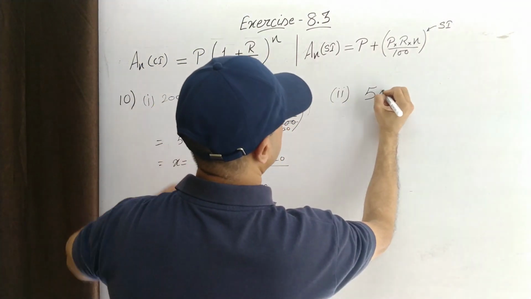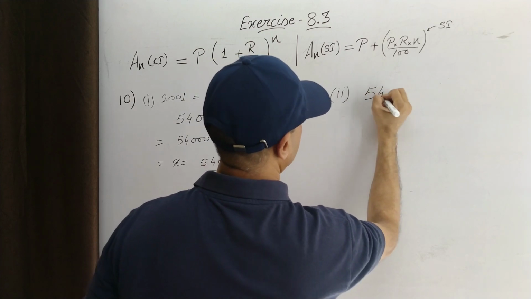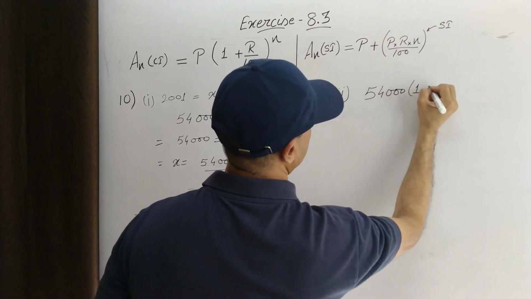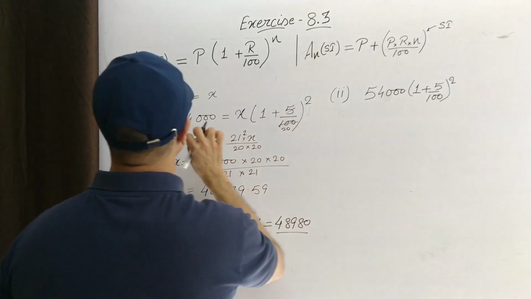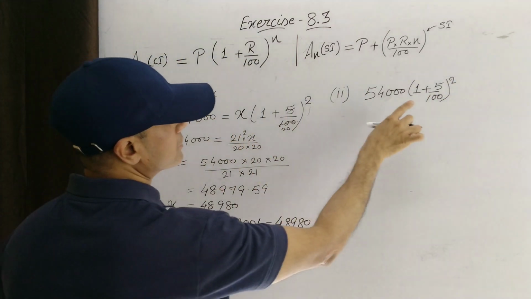So P in this case will be 54,000, and 1 plus increase is 5% per annum, and from 2003 to 2005, 2 years.